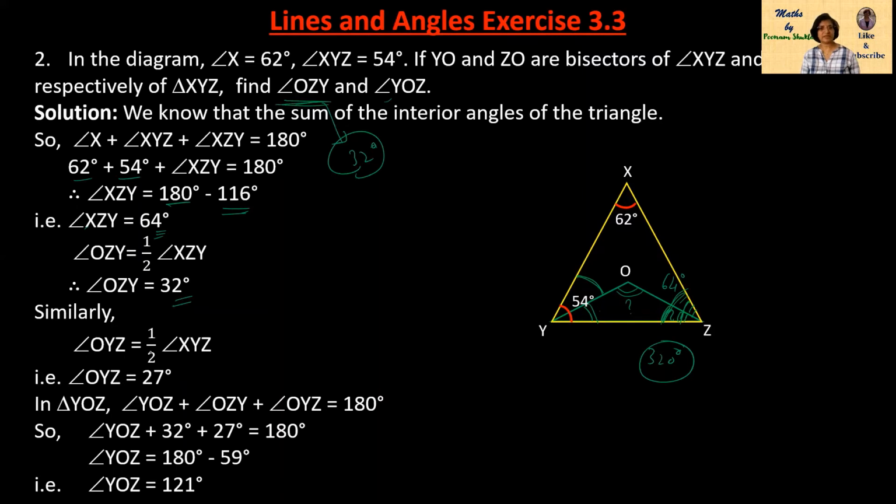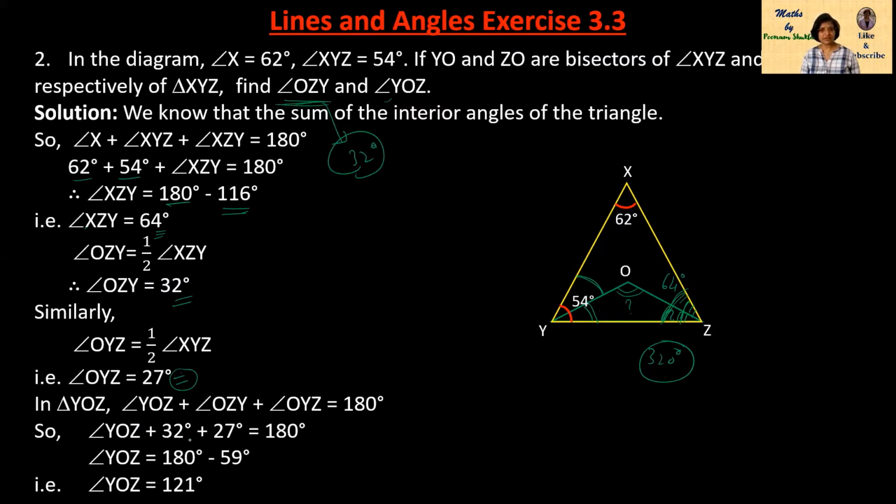We got it. Similarly, angle OYZ is 27 degrees, right? So in triangle OYZ, this angle plus this angle plus this angle equals 180 degrees.